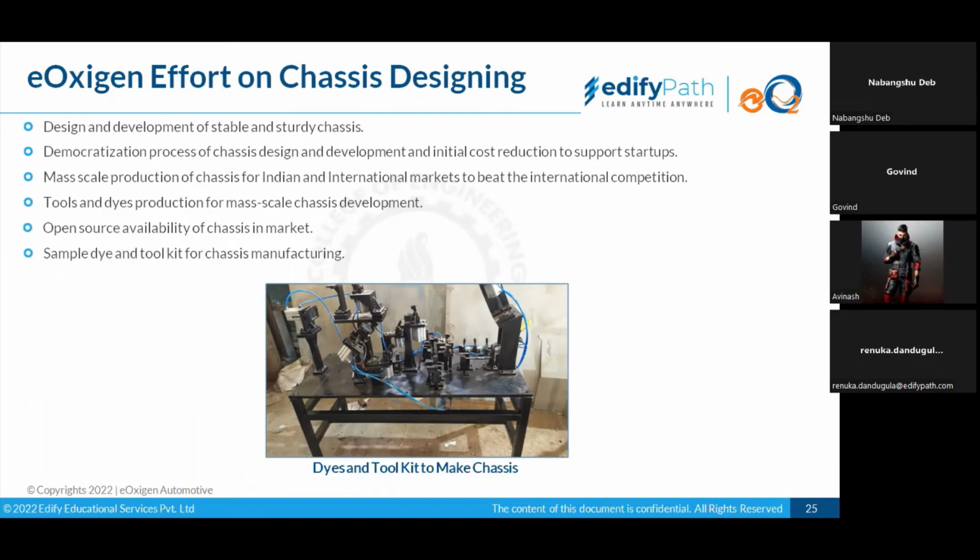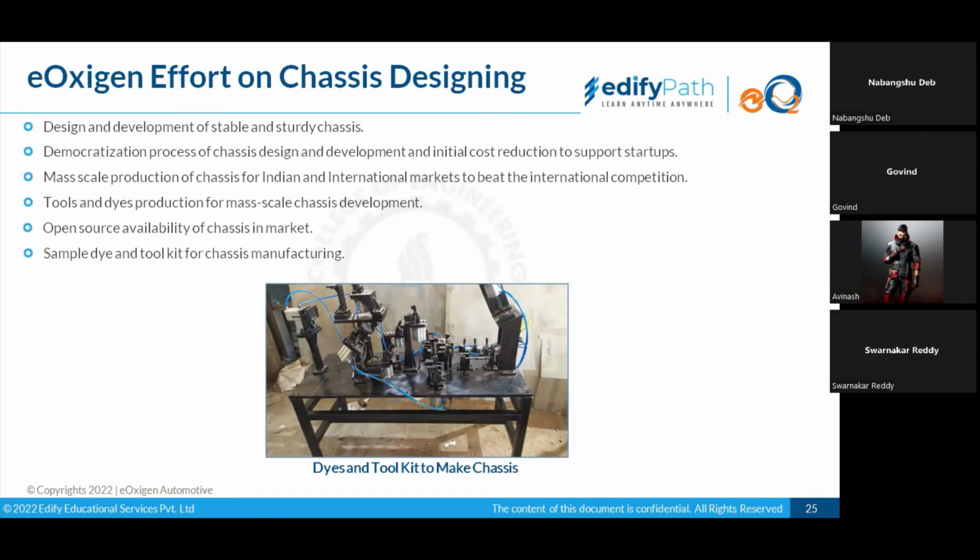Now we will be giving a glimpse of how we are working on the chassis. Initially, as we said, it is a very neglected part, but we are giving it very high attention, and at the practical level also, if you talk about our facility, we have a huge setup where, with the help of advanced software, we are designing chassis, and with advanced machinery we are also manufacturing the chassis.